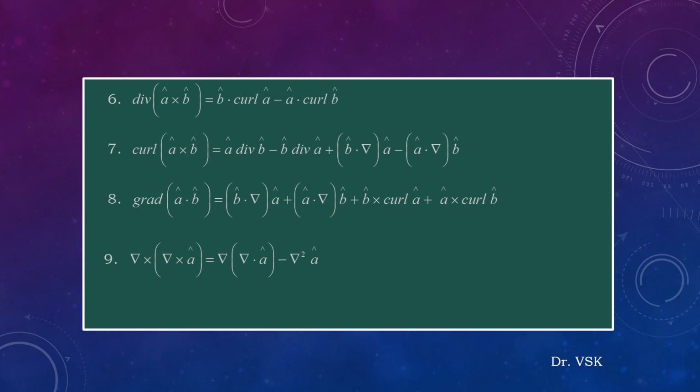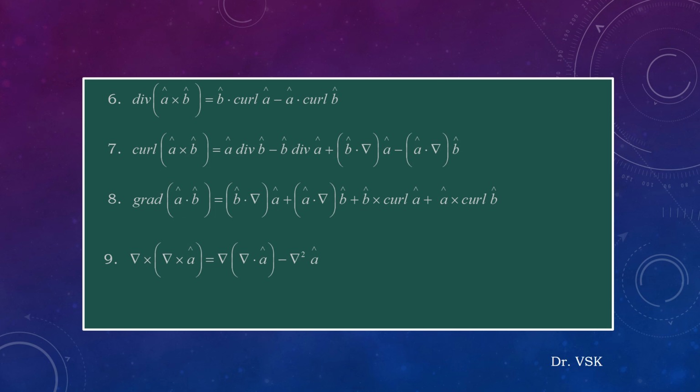Now, if we go to the next identity, the 7th identity, consider 2 vector fields A cap and B cap. Take their cross product. A cap cross B cap produces a vector field again. For this vector field, we can't find out gradient.